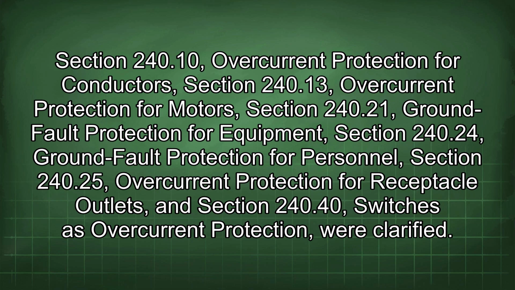Section 240.10, overcurrent protection for conductors, Section 240.13, overcurrent protection for motors, Section 240.21, ground fault protection for equipment, Section 240.24, ground fault protection for personnel, Section 240.25, overcurrent protection for receptacle outlets, and Section 240.40, switches as overcurrent protection were clarified.